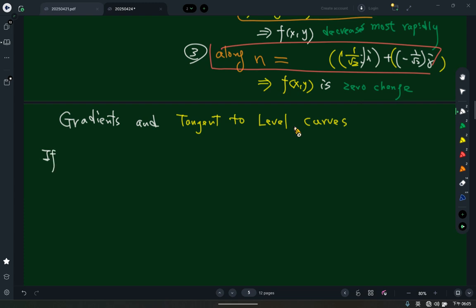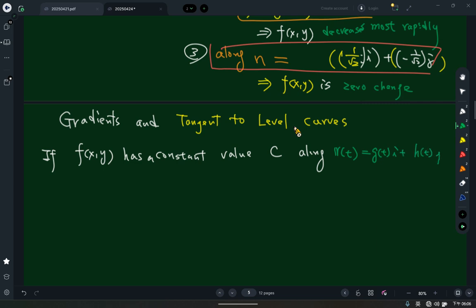So if f of x, y has a constant value c along this position vector, did you still remember position vector? It's also fine.